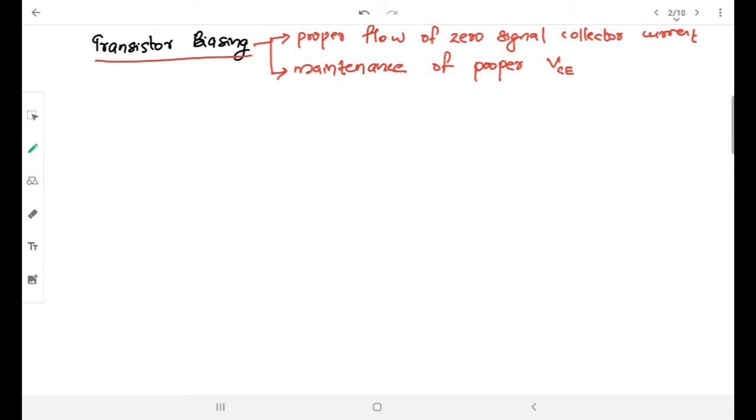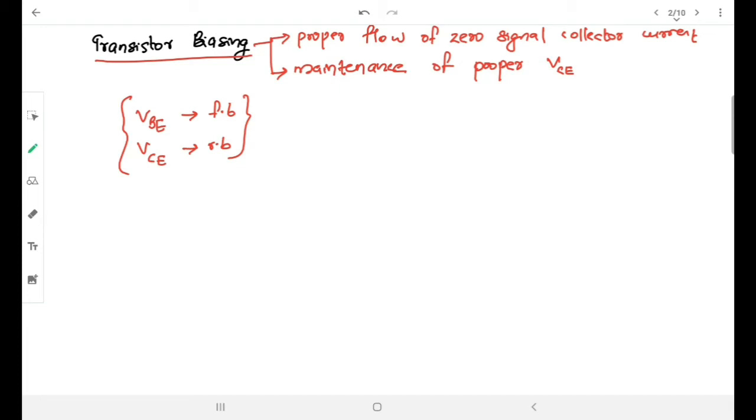Why do we need transistor biasing? The basic purpose of transistor biasing is to keep VBE always forward biased and VCE always reverse biased. Transistor biasing is needed to satisfy this condition.